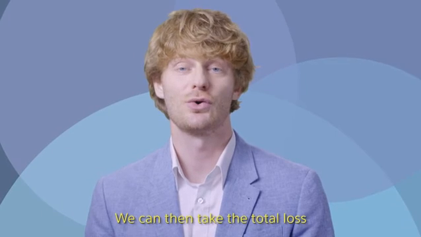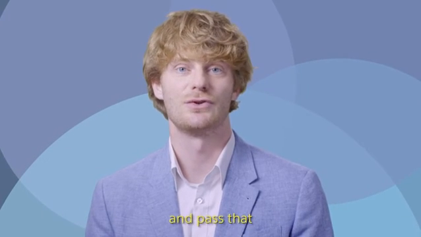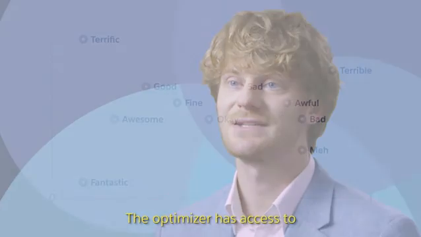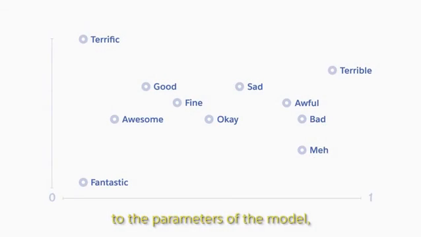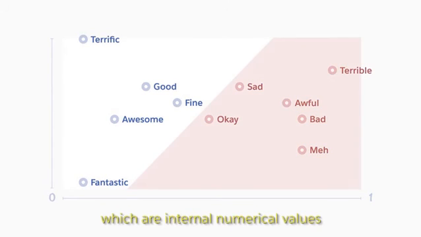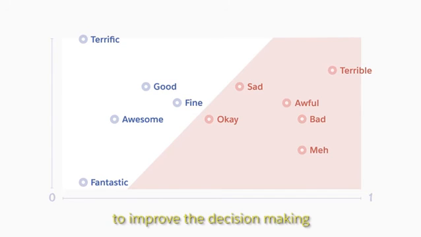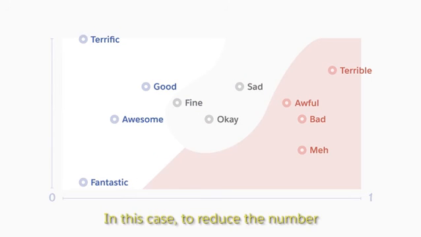We can then take the total loss and pass that to another algorithm called an optimizer. The optimizer has access to the parameters of the model, which are internal numerical values that affect the behavior of the model. The optimizer changes these parameters to improve the decision making based on the loss. In this case, to reduce the number of incorrectly classified words.